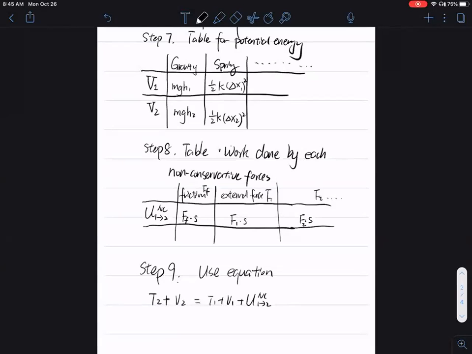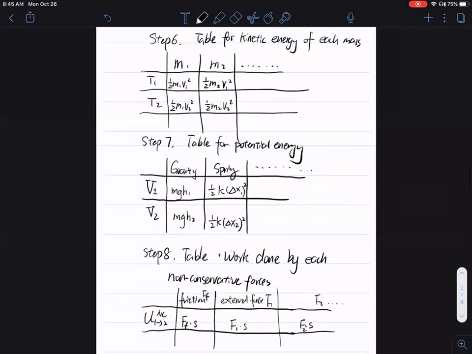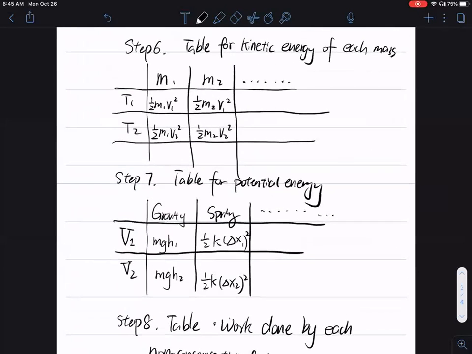Same deal for your V1. V1 should be your mgh1 plus that 1/2 k x1 squared. Same deal when you plug in T2 and T1. You need to do T1 equals the sum of the first term plus second term, and T2 equals the first term plus second term.